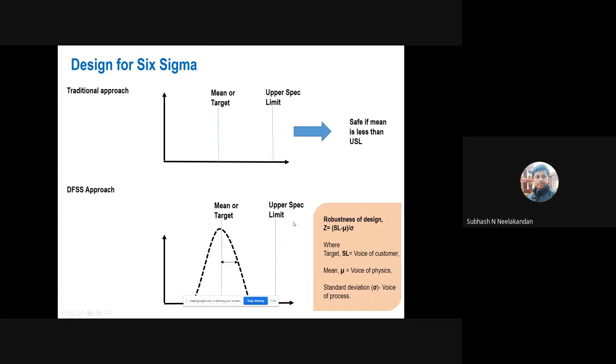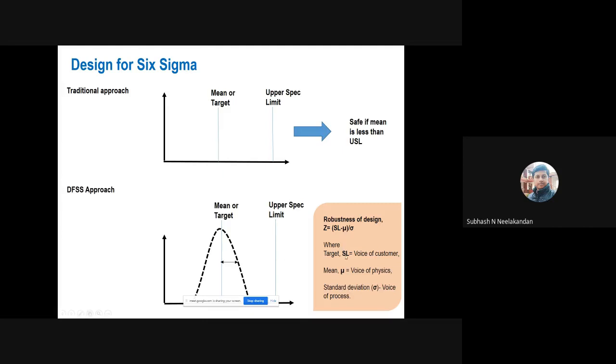That means the difference between the upper spec limit USL and mean mu, when divided by the standard deviation, should be equal to 6. If it is equal to 6, that means the device is very much robust. If we use the same design and the same recommended manufacturing process specification, when 1 million devices are produced in the manufacturing stage, only 3.4 defects will be there.